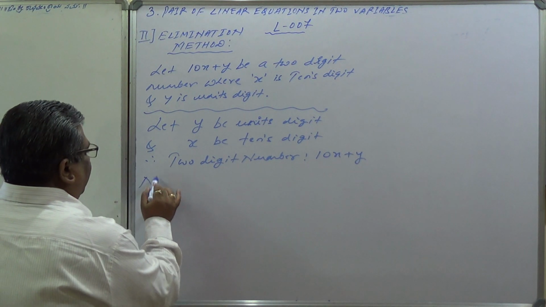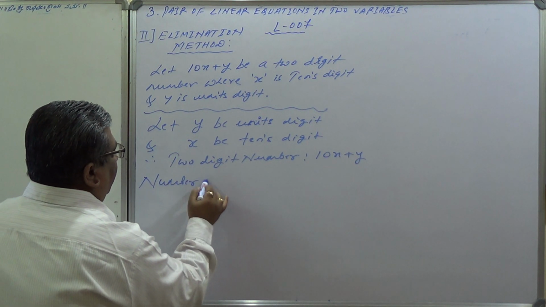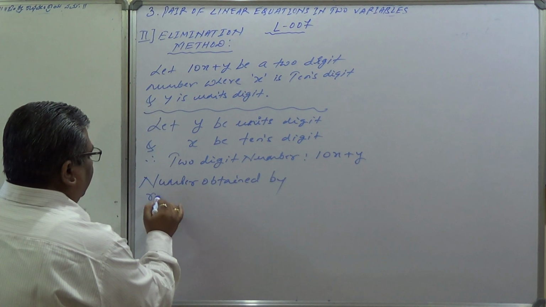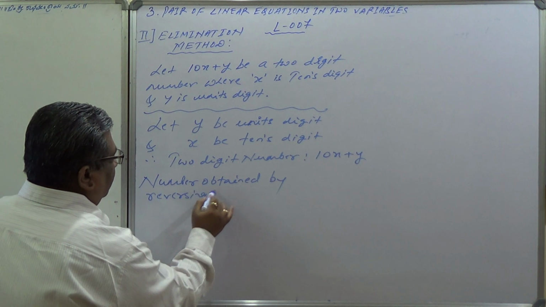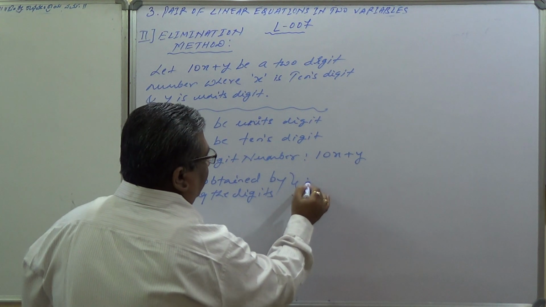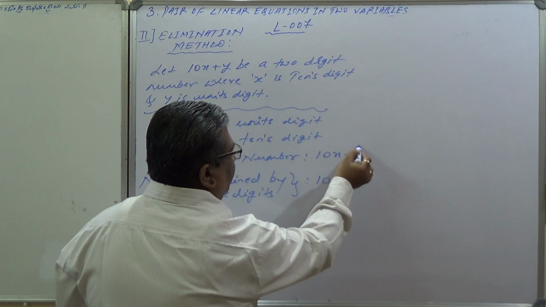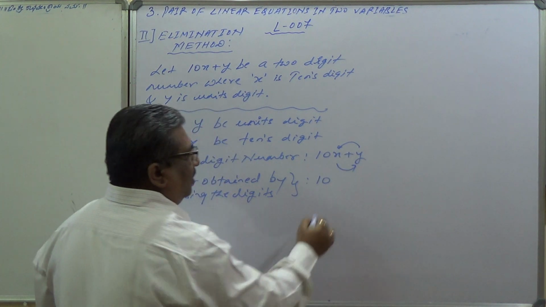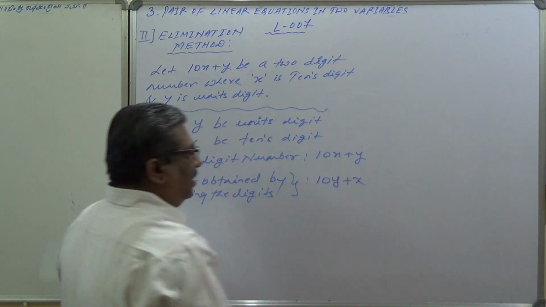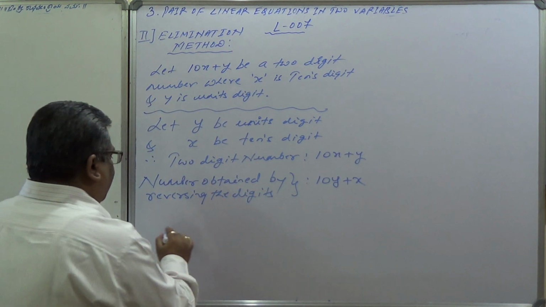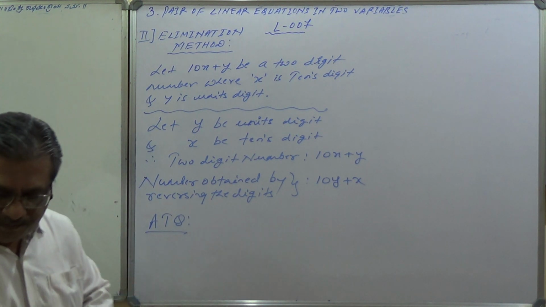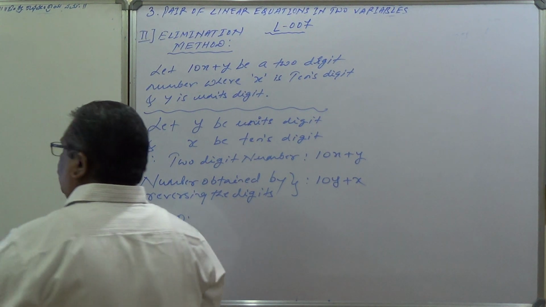Now, the number obtained by reversing the digits is given by 10y plus x. Change this here, change this over here. Is it clear? Okay. Now, according to the question, read the question.